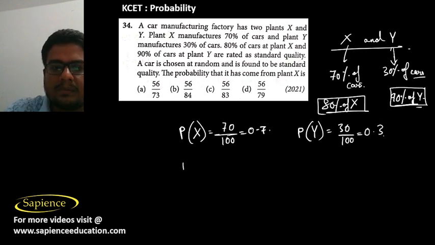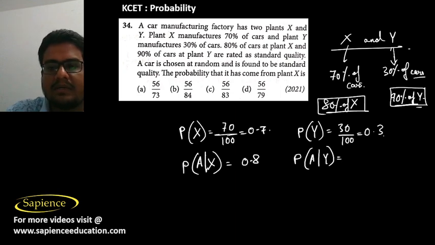And suppose I take the event A as the car being of standard quality. The probability of A given that it has been manufactured from plant X is 80%, so that is 0.8. And the probability that the car is of standard quality given that it has been manufactured from plant Y is 90%, so that is 0.9.